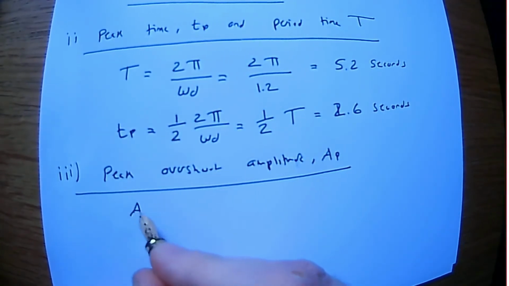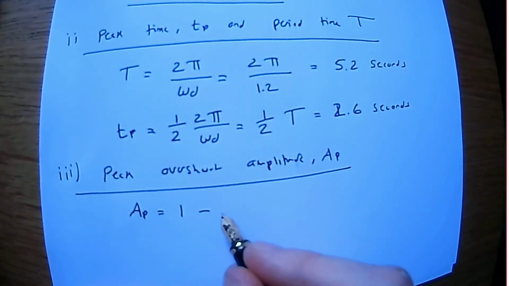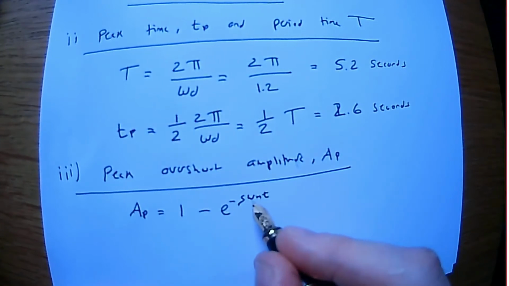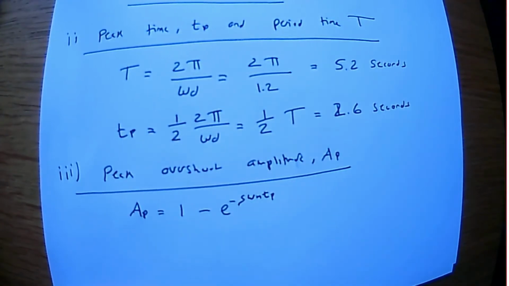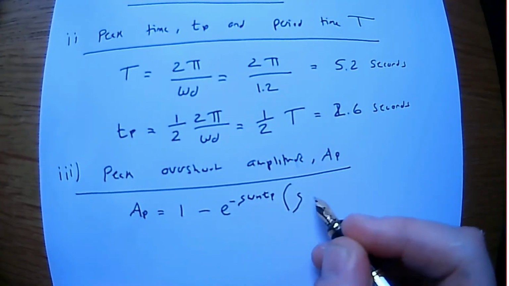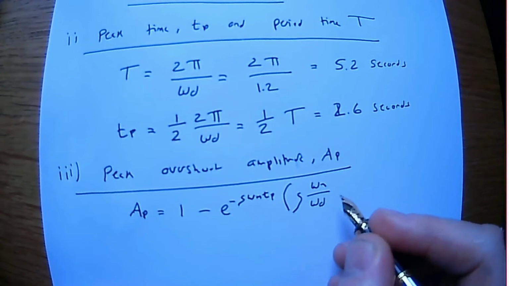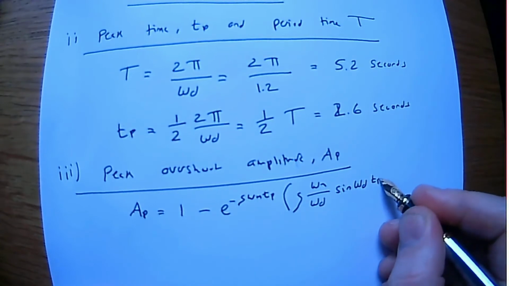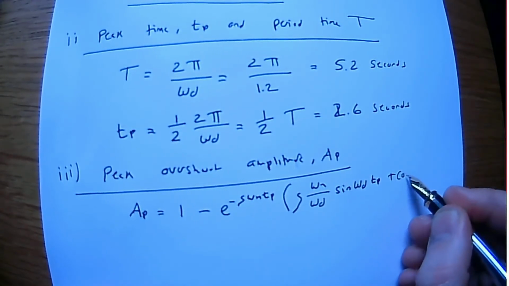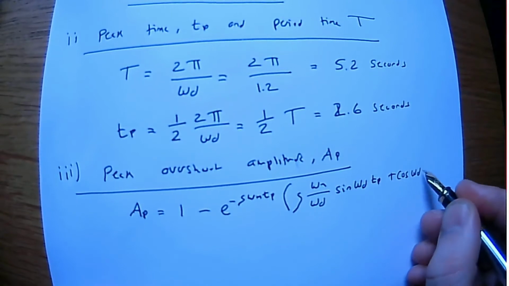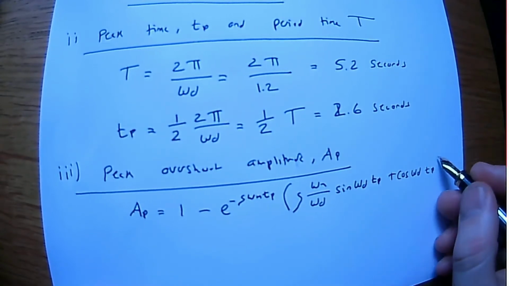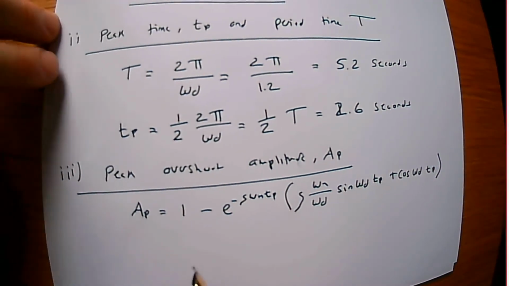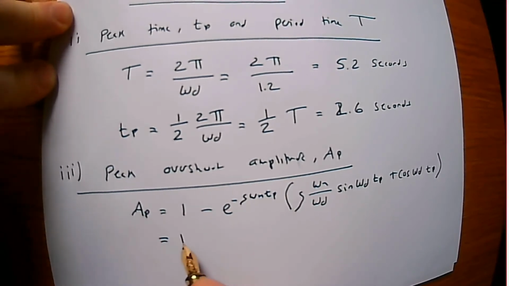AP is equal to 1 minus e to the power of minus zeta omega n TP, where TP is the peak time, multiplied by, in brackets, zeta omega n over the damped frequency, times sine of the damped frequency multiplied by TP, plus cos of the damped frequency multiplied by TP. So that's the formula that we will use.